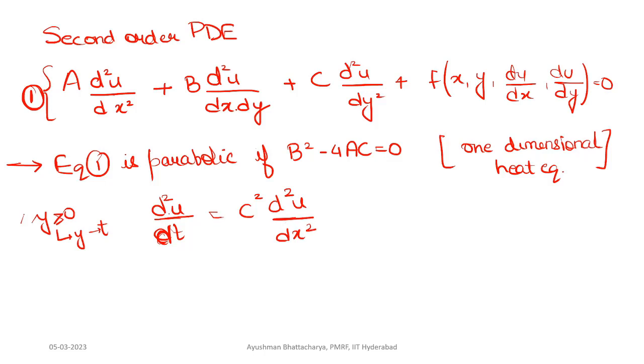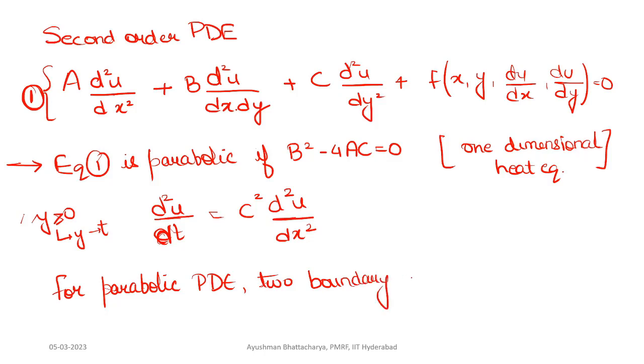So for the one dimensional heat equation, a parabolic PDE, we need two boundary conditions and one initial condition.